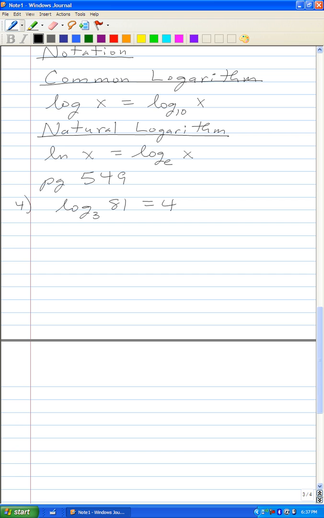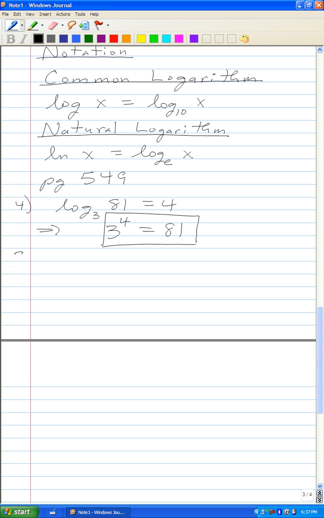So notice that the base here is 3, the exponent is 4, and the result is 81. So this logarithmic statement just says that 3 to the 4th is equal to 81.